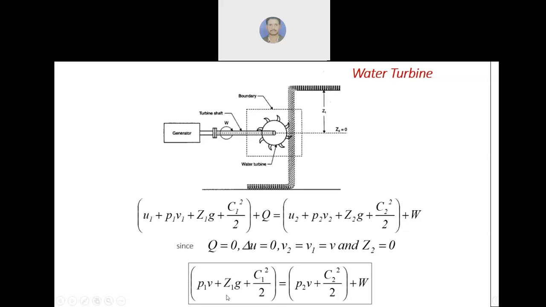Finally you will get this: P1V plus Z1G plus C1 square by 2 equals P2V plus C2 square by 2 plus W. Why not Z2? Because Z2 is given 0. If no data is given related to pressure, then you can neglect this term also.